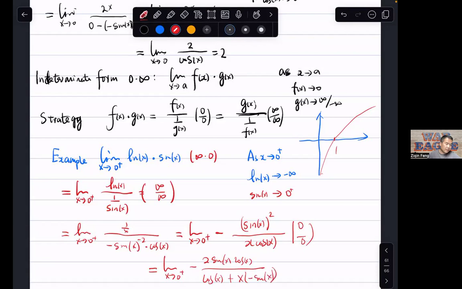Now if you plug in 0, the numerator is still 0 because sine of 0 is 0. The denominator now is 1, because cosine of 0 is 1 and x times sine of 0 is 0. So 0 over 1 is 0. That's our final answer: the limit of this indeterminate product is 0.